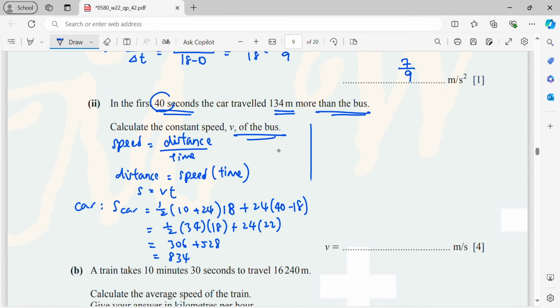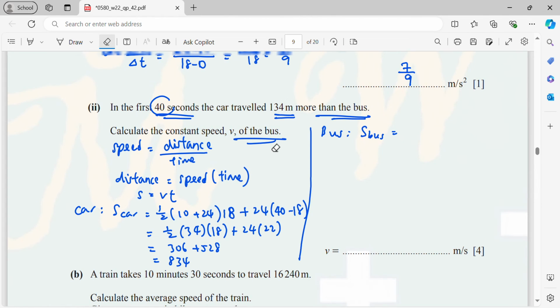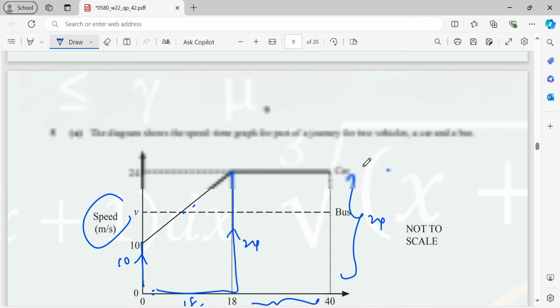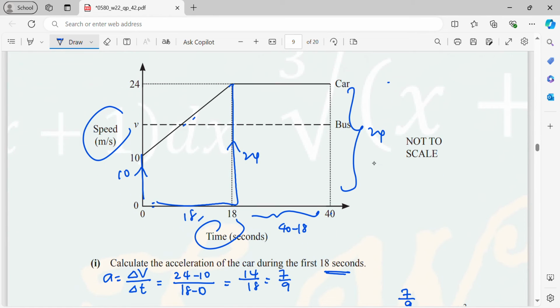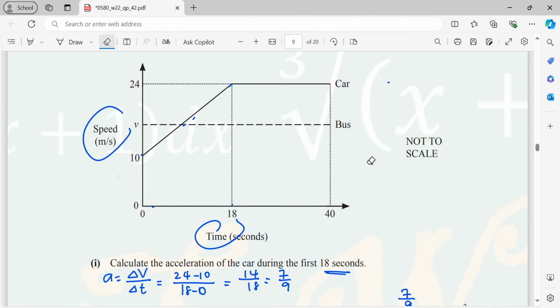Okay, now for the bus, the distance of the bus is basically a horizontal line.